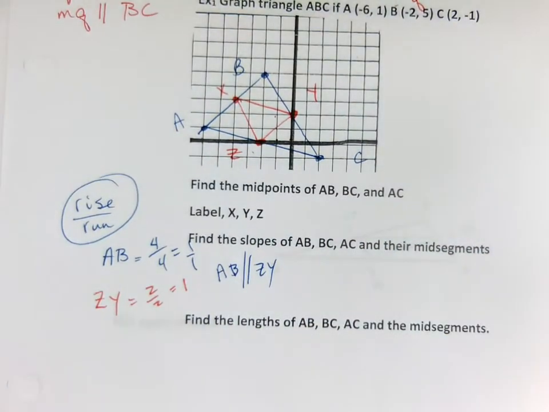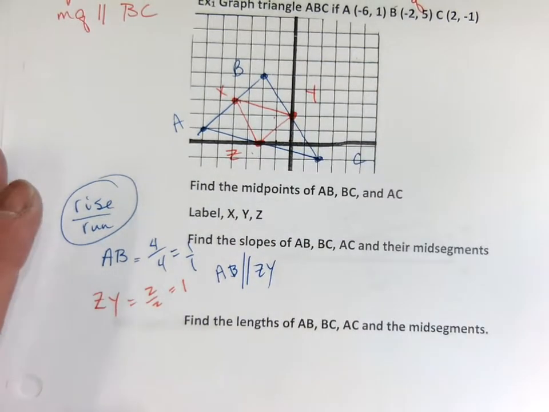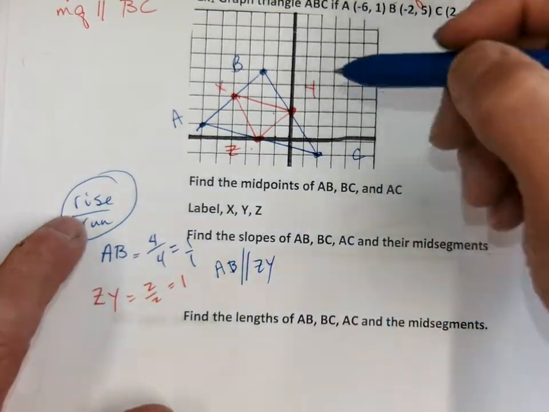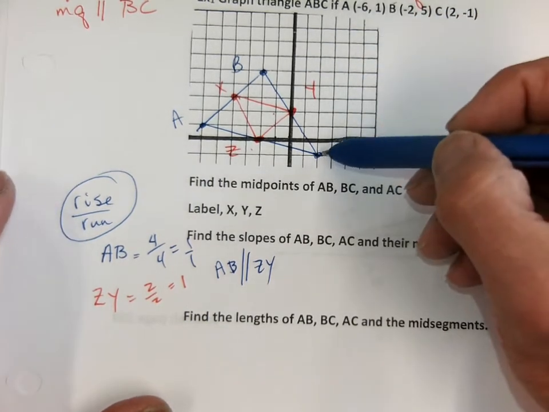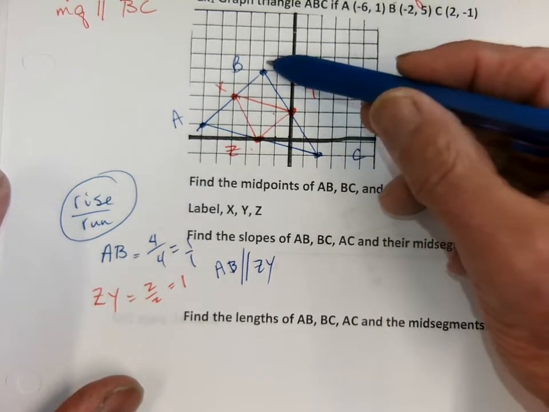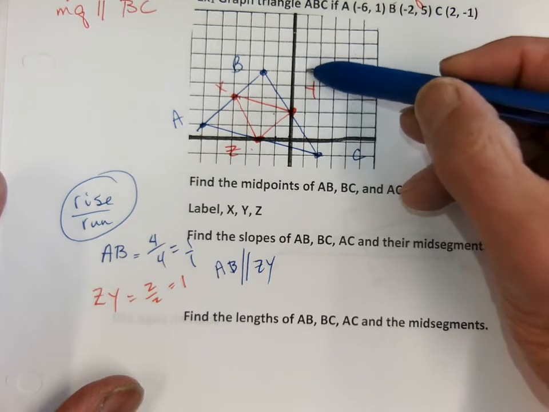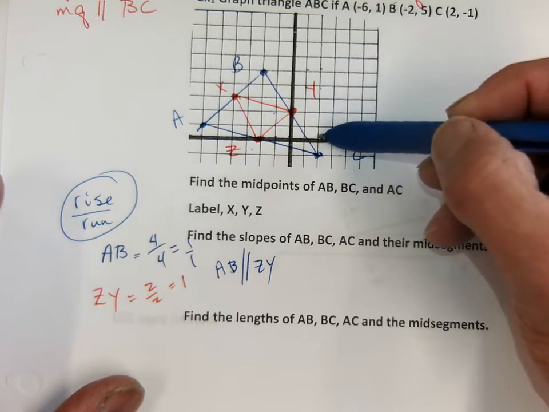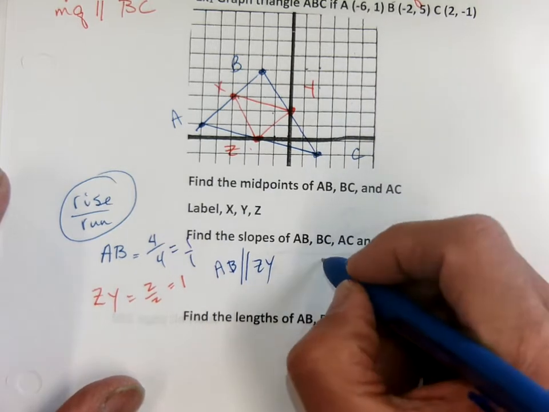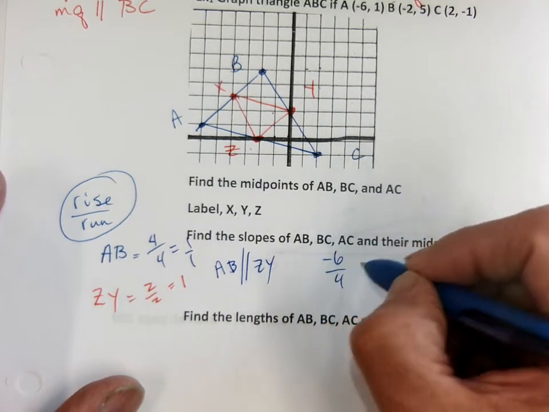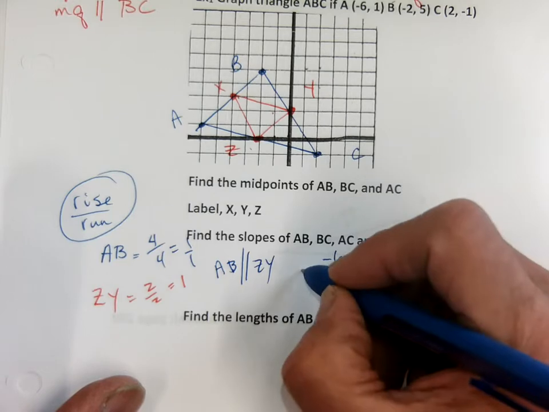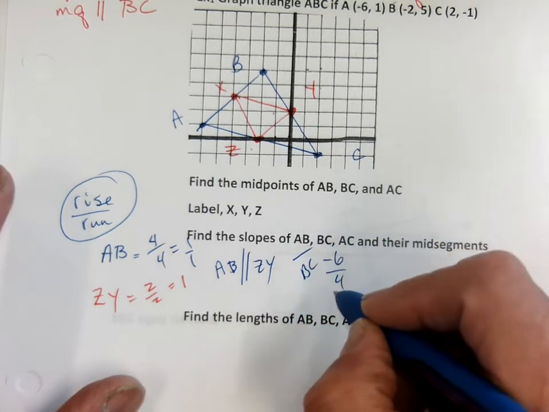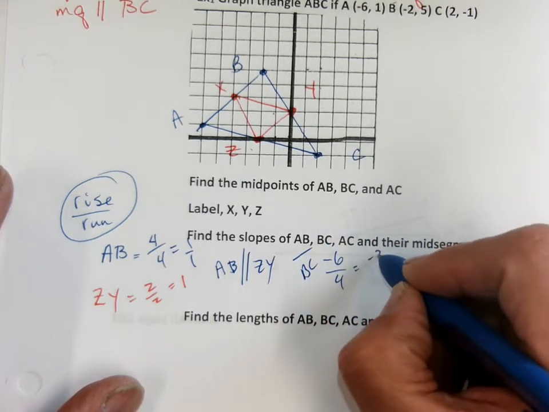All right, so let's find the slope of BC. Okay, BC, I'm just going to count it, but I'm going down, so rise over run, I'm going down. Down 1, 2, 3, 4, down 1, 2, 3, 4, 5, 6. So it's going to be down 6 over 4 for the slope of BC, which reduces to negative 3 over 2, right?